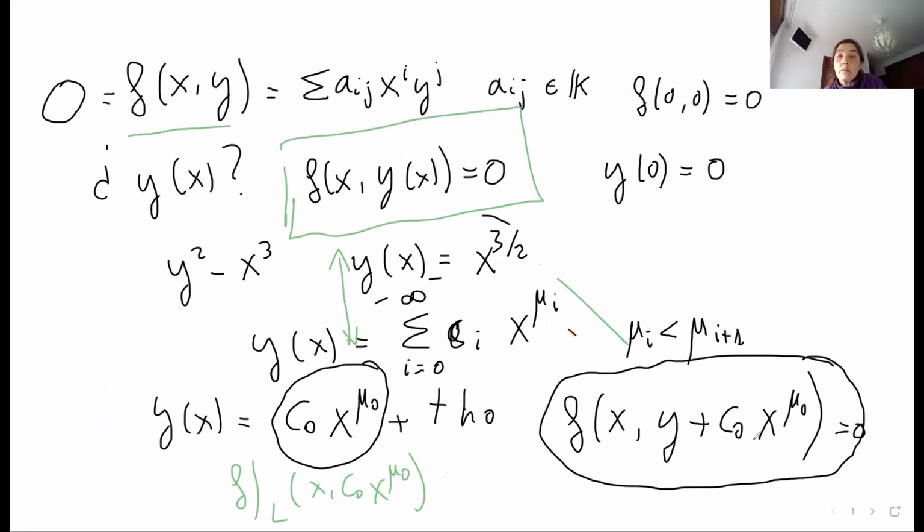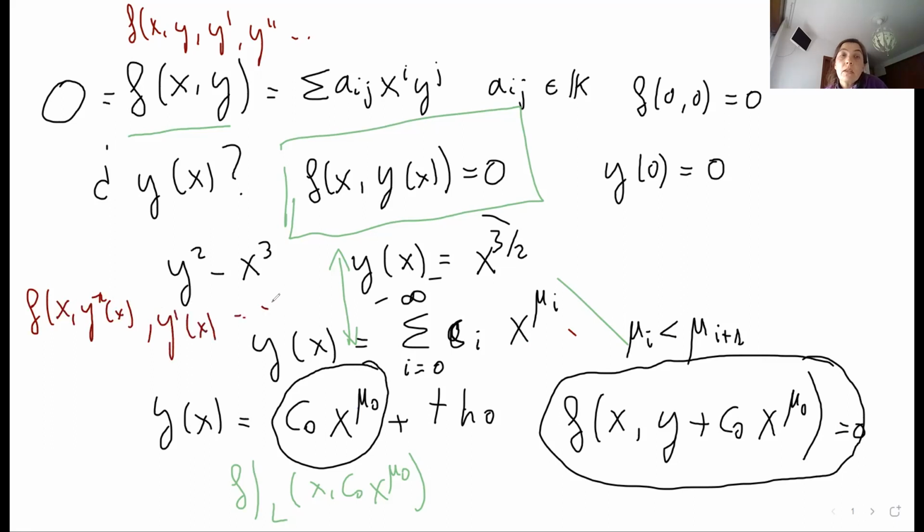When do I have a solution? Instead of this, I have f of x, y, y prime. And the solution is going to be, I write f(x, y(x), y prime(x)). All this has to be 0.